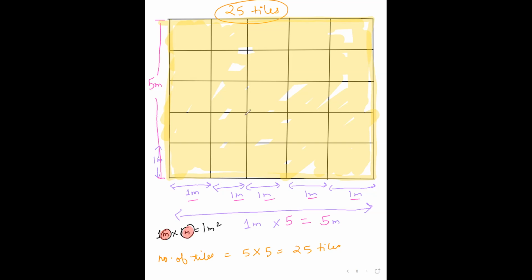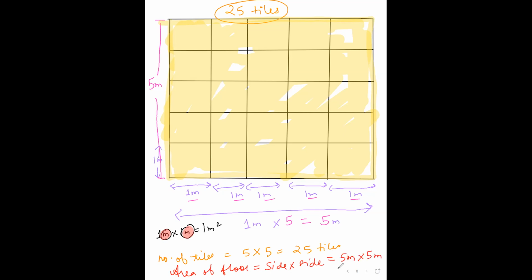So now when you're calculating the area of this floor, you will say it is the side multiplied by side. The side of the floor multiplied by the other side of the floor. So area of floor is equal to side into side. And what is the side? 5 meters multiplied by 5 meters.